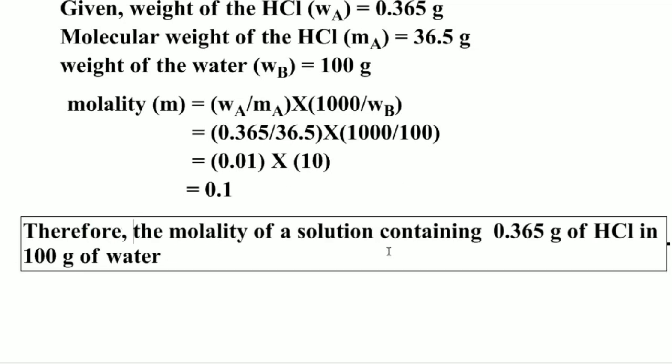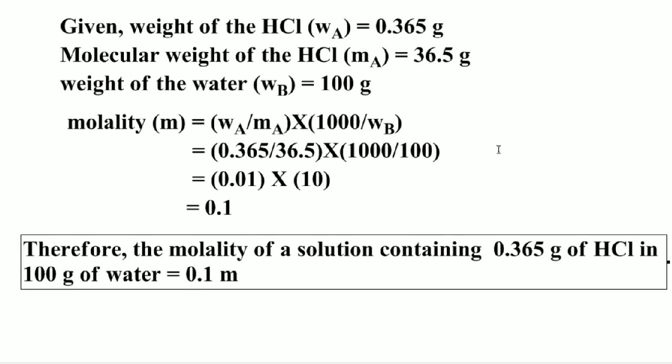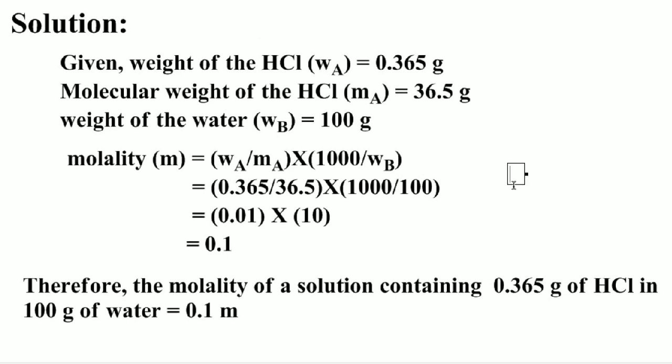Therefore, the molality of a solution containing 0.365 grams of HCl in 100 grams of water is equal to 0.1 molal. So students, I hope you understood this problem. We can see the next problem.